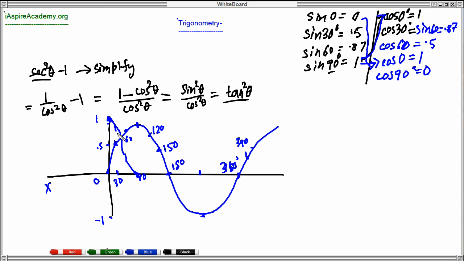So like this it will start, and something like this. So cosine 180 degree would be minus 1.